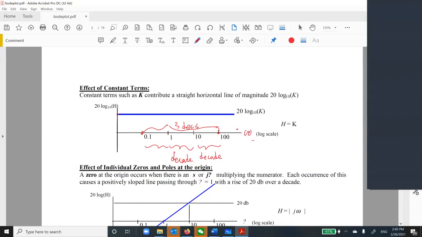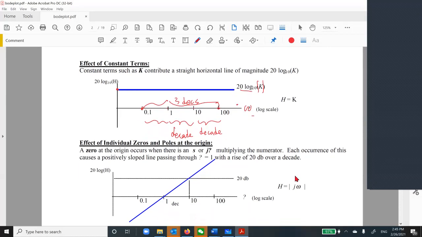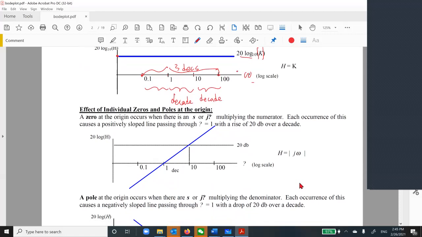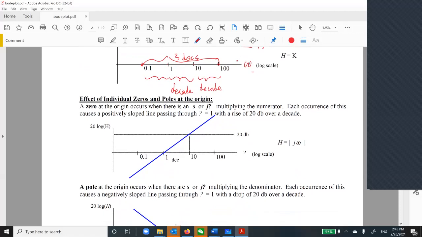So this is 20 log 10 of this K. That's easy for a constant: it's a straight line, the same for all omega. For an individual zero or pole at the origin, it has to go through 1.